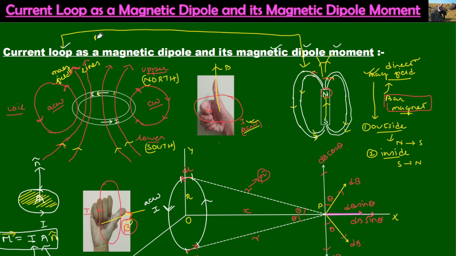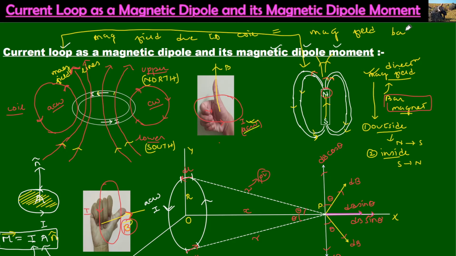That means the magnetic field due to the current carrying coil should be the same as the magnetic field produced by the bar magnet.